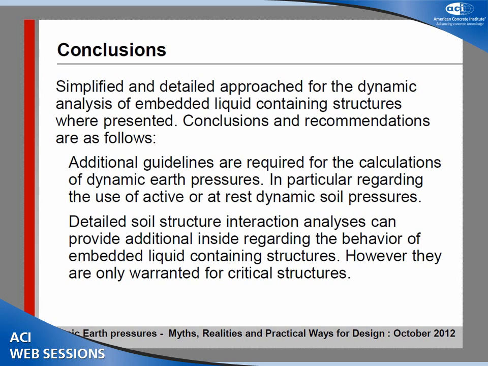Maybe just one or two short questions. For the checking of sliding stability, what's the recommendation you will use, and what factor of safety do you check against? Yeah, when we were checking, we were just verifying if the factor of safety is less than 1, then it means that there is sliding.